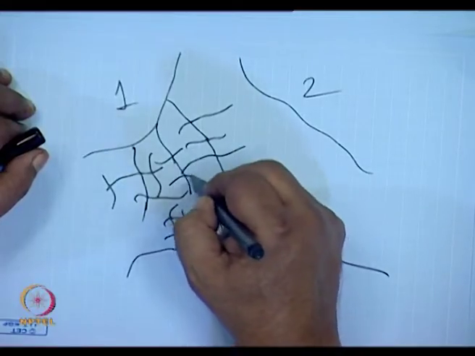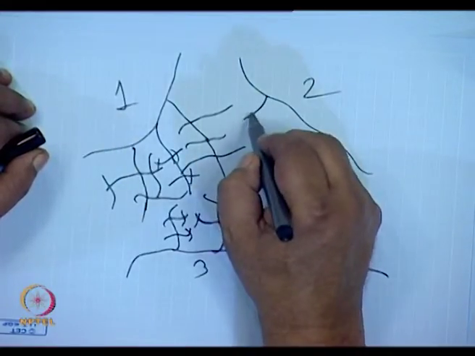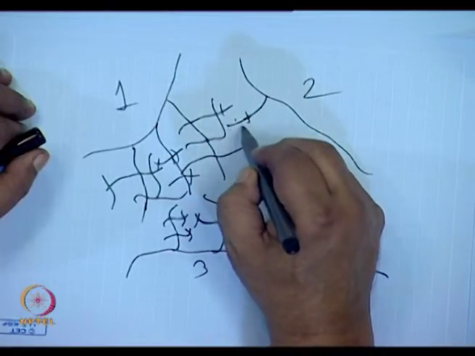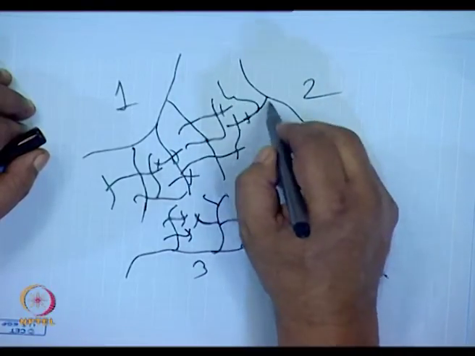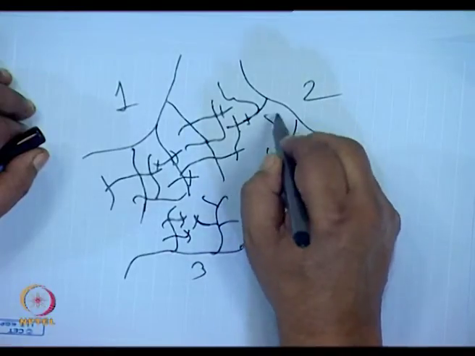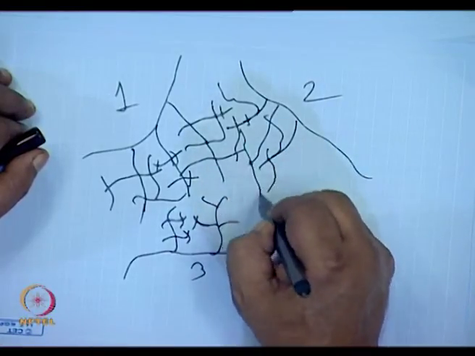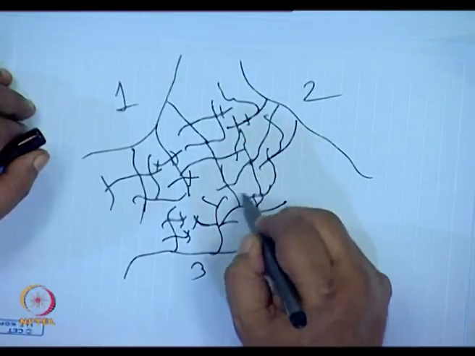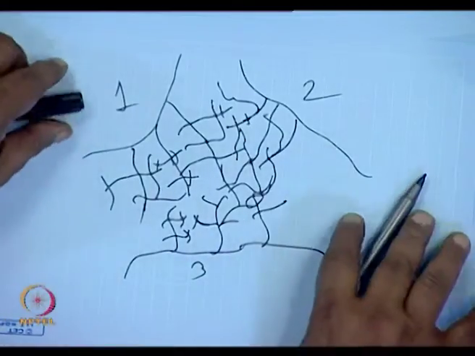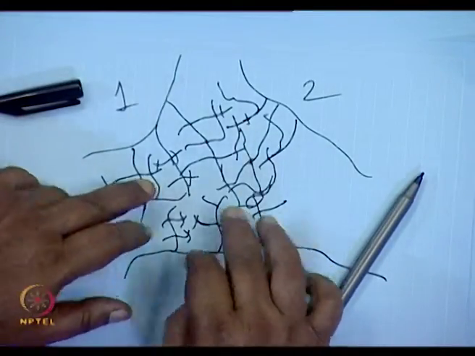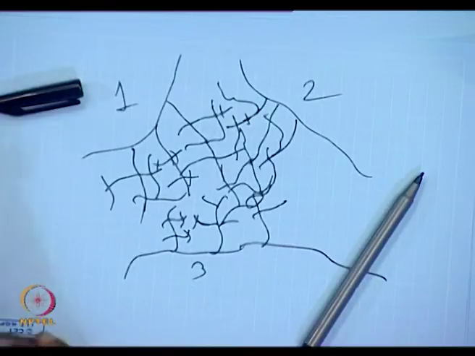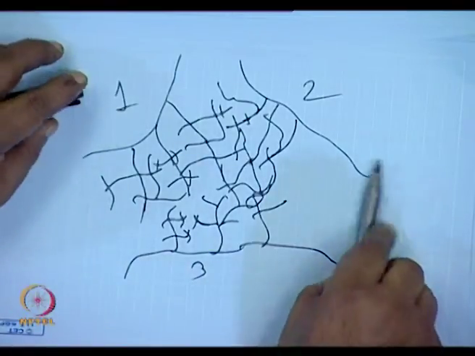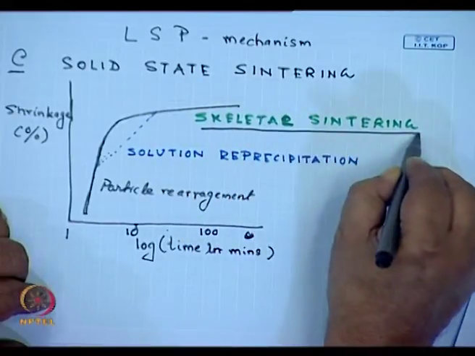At this stage, what happens is all these dendritic structures, they keep overlapping with each other. These are all precipitations from the supersaturated solution. So, you will see that what is happening is that these dendritic structures are getting interlocked, and then the last step happens. This is the skeletal sintering.